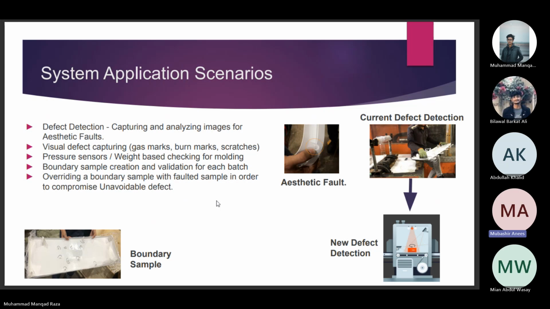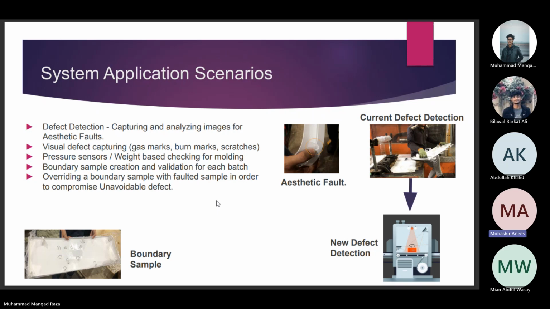Okay, so now let's talk about how our system will work in real world scenarios. Basically, our system focuses on detecting aesthetic faults by capturing and analyzing product images. This includes faults like scratches, gas marks, and burn marks, which are often missed in manual inspections.